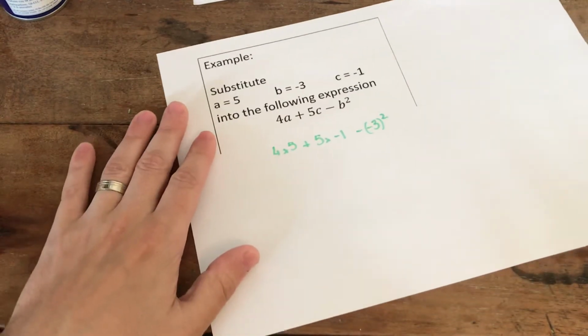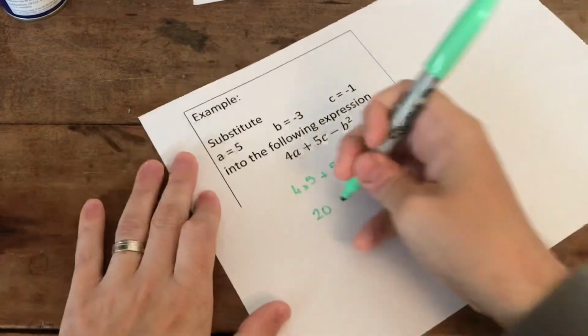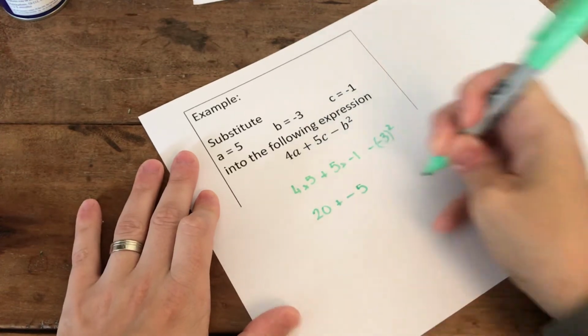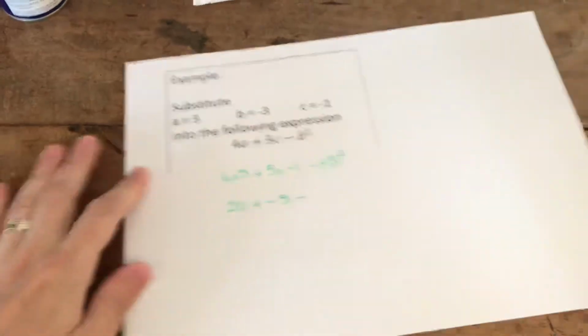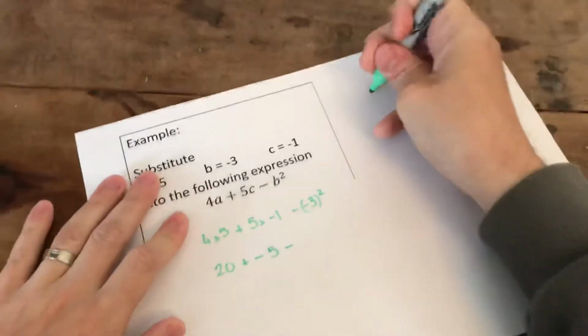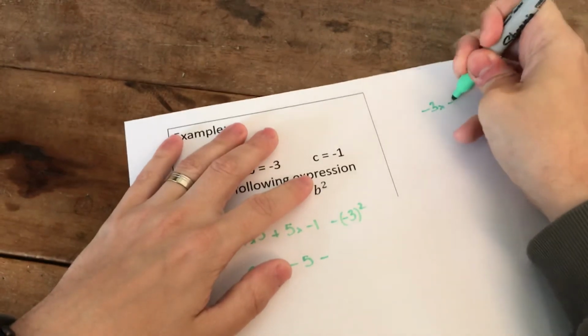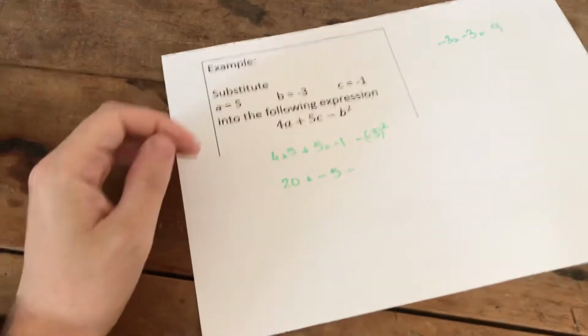So what happens is I work out each of these. That becomes 20, add 5 times -1 becomes -5, and then take away, now -3 squared is -3 times -3, which would just give me +9, okay?